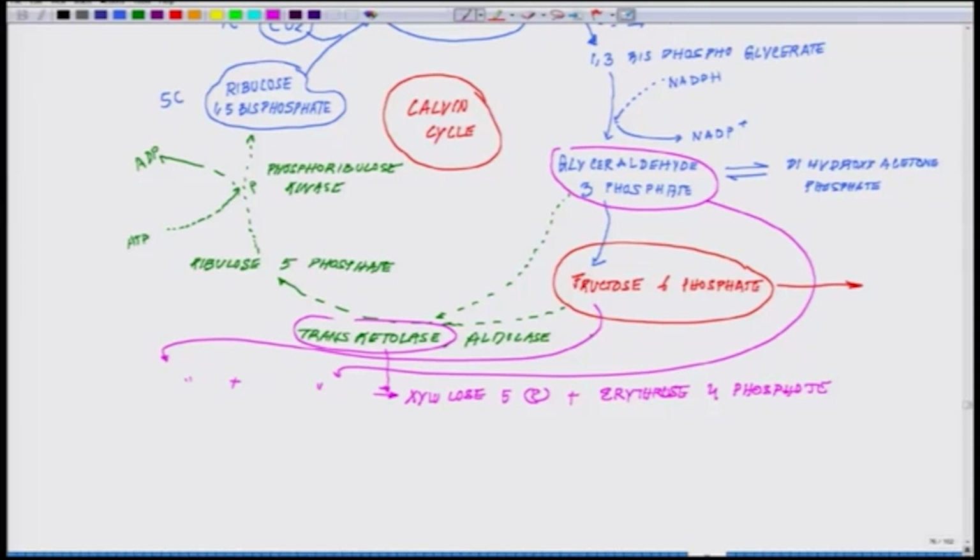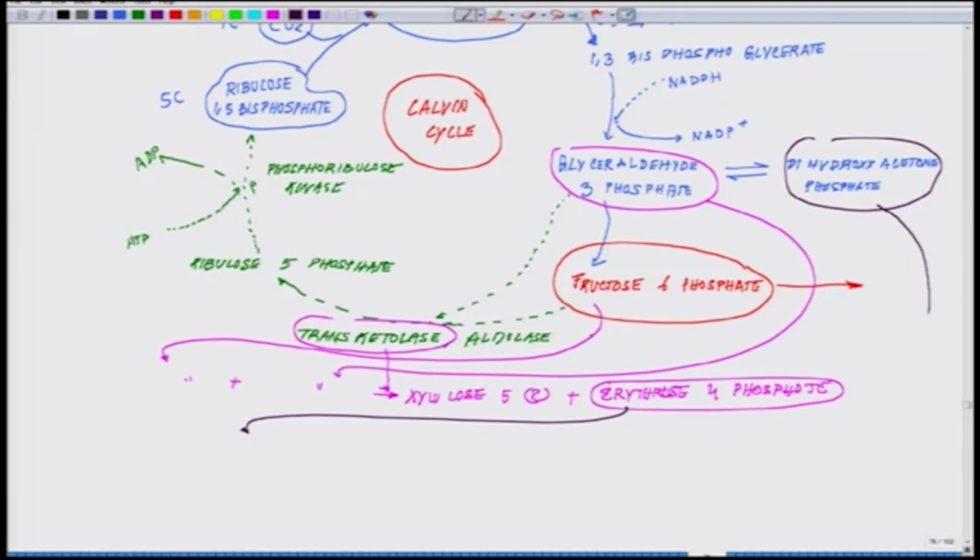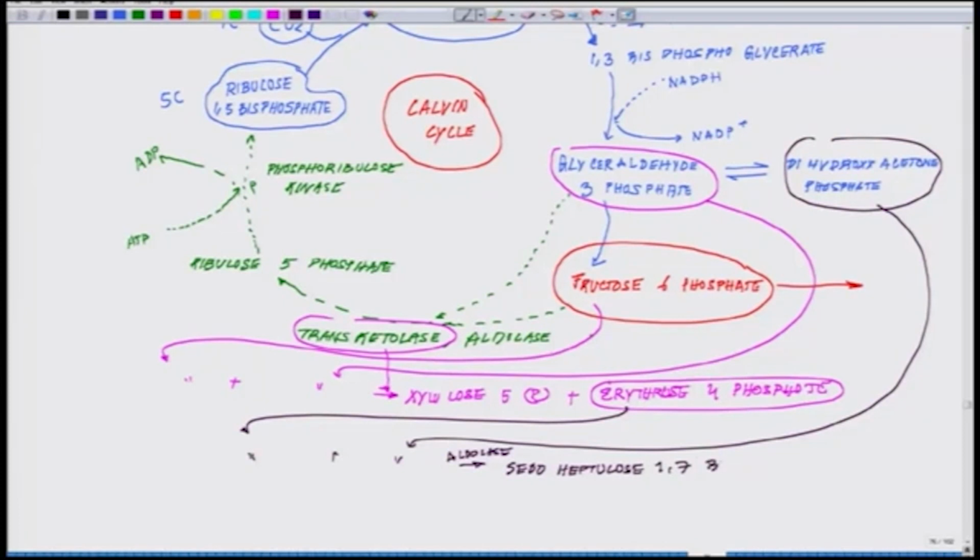So, further, this erythrose 4-phosphate, if you take this compound and add it with this compound dihydroxyacetone phosphate, by the action of aldolase you will get pseudo-heptulose 1,7-bisphosphate. So, these are the different forms of sugars which are getting formed, different kinds of carbons.